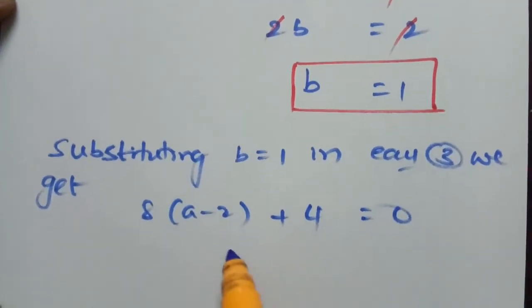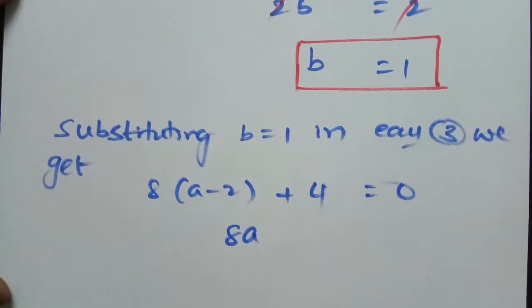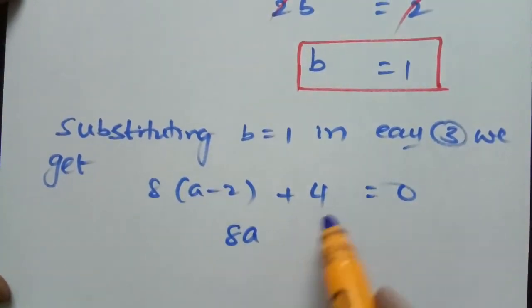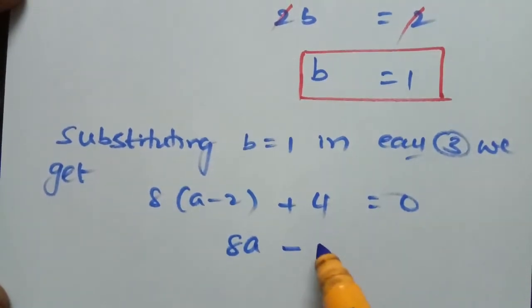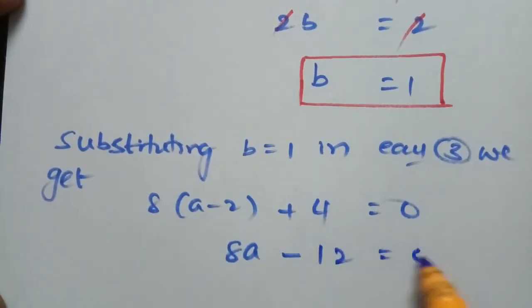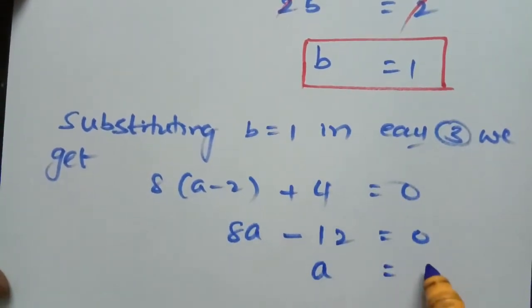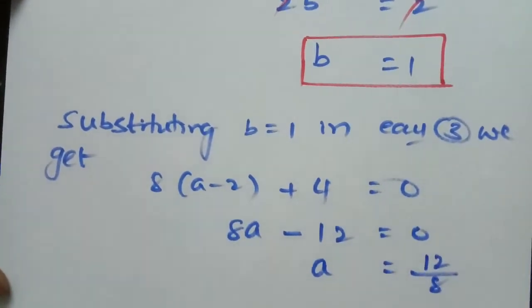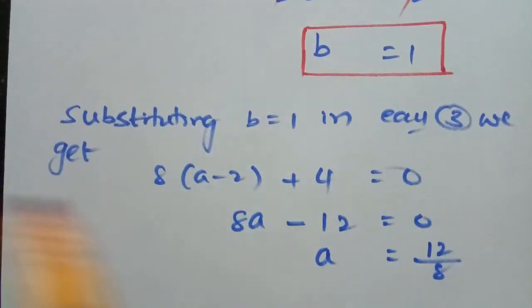Therefore this is 8a, 8 into 2 is 16, so -16 plus 4, that is -12, is equal to 0. Therefore a is equal to 12 by 8.